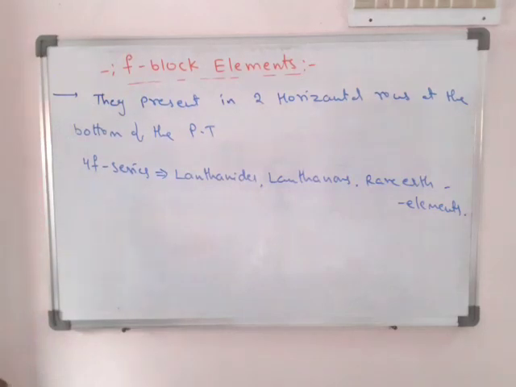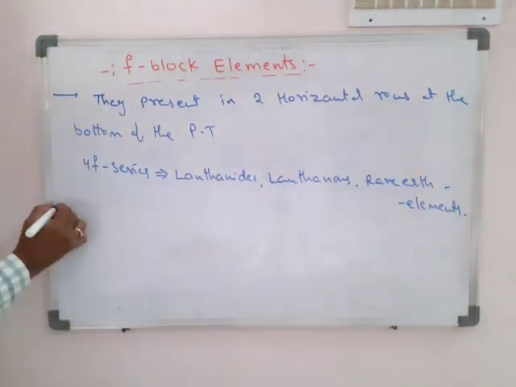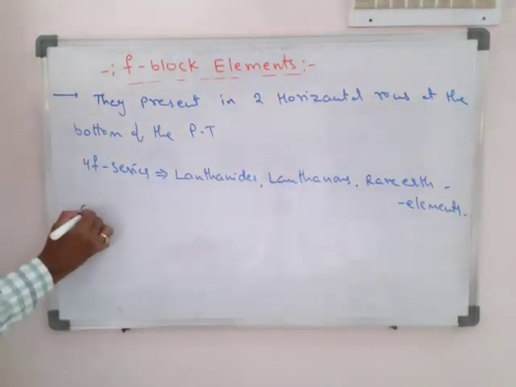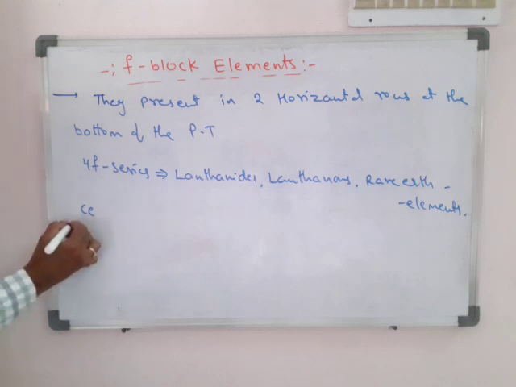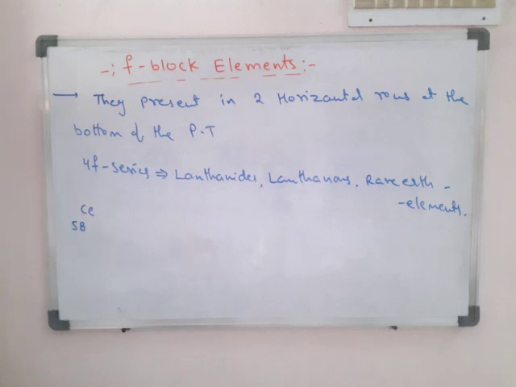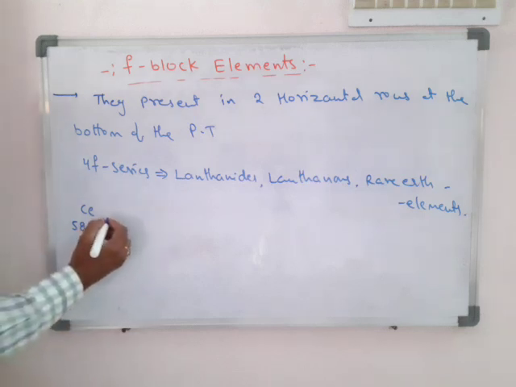Now see what those elements are. We already know they start from cerium, which is 58. What is the ending point? It is 71. Cerium to lutetium.